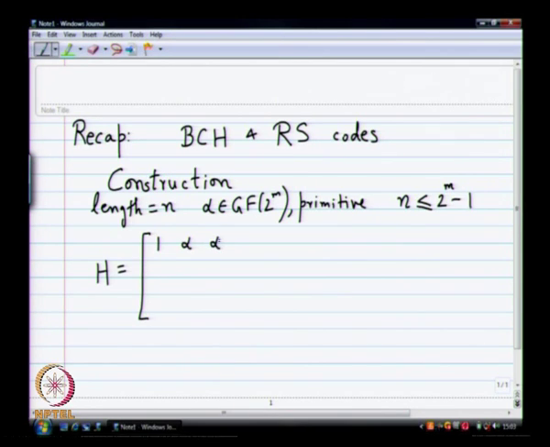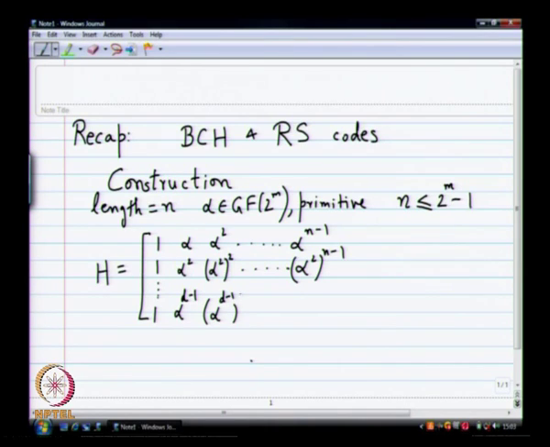1, alpha, alpha squared, and so on till alpha^(n-1); 1, alpha squared, alpha squared squared, and so on till alpha squared to the power n minus 1; go all the way down to 1, alpha^(d-1), alpha^(d-1) squared, all the way to alpha^(d-1) whole raised to the power n minus 1.